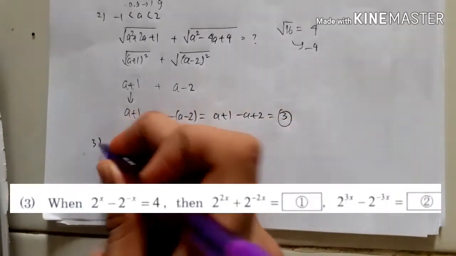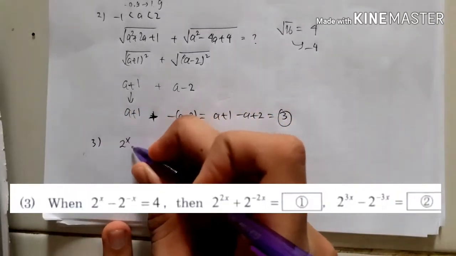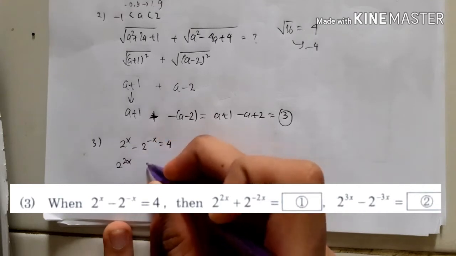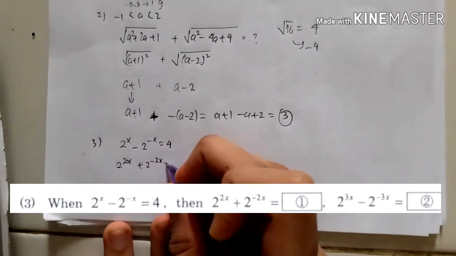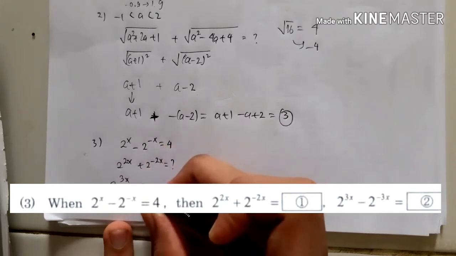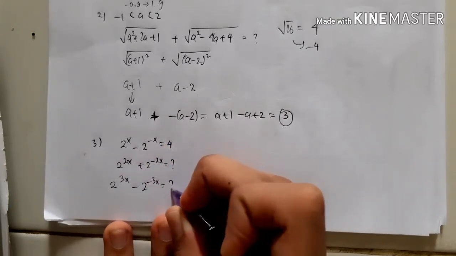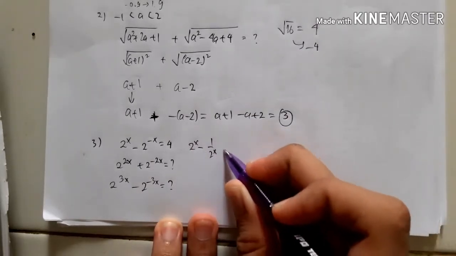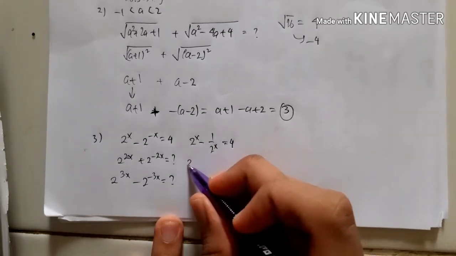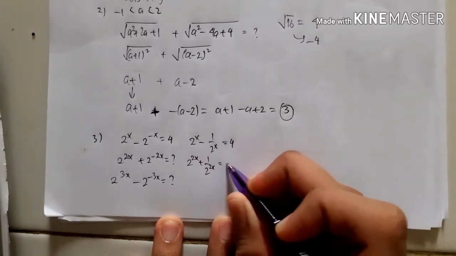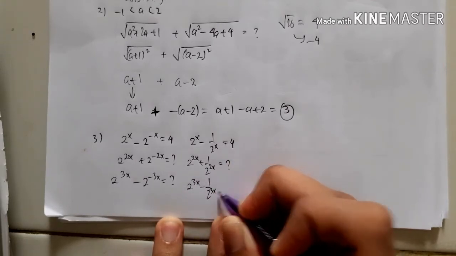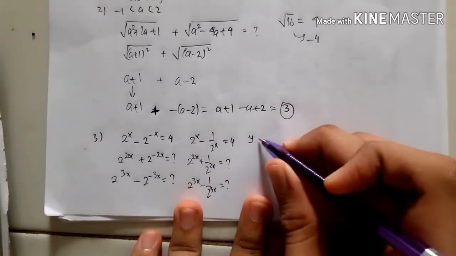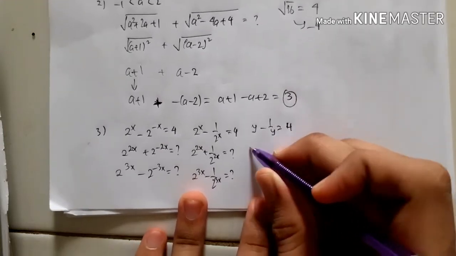Now for number 3, it says 2 to the power of x minus 2 to the power of minus x equals 4. Then what is 2 to the power of 2x plus 2 to the power of minus 2x, and 2 to the power of 3x minus 2 to the power of minus 3x? We can turn this into this form. Let's assume that 2 to the power of x is y, to ease our calculation.